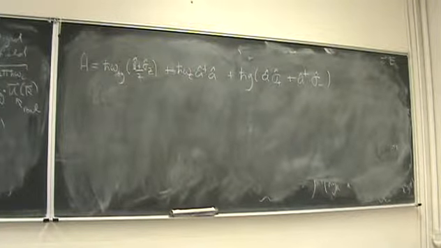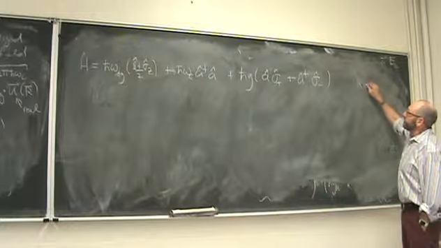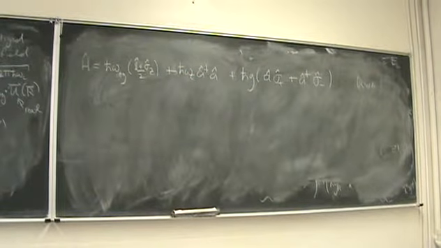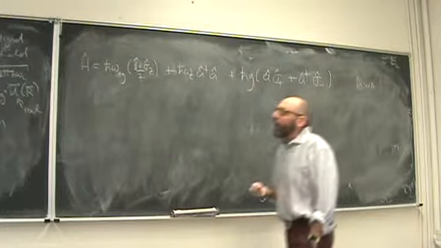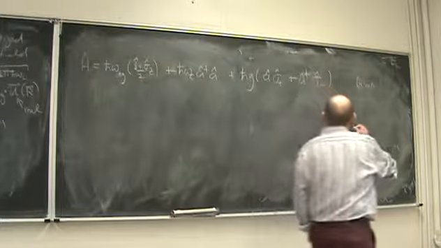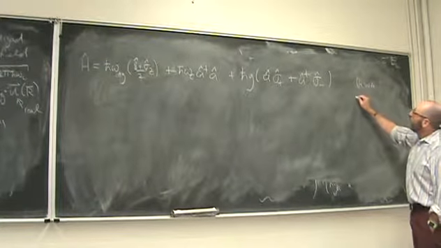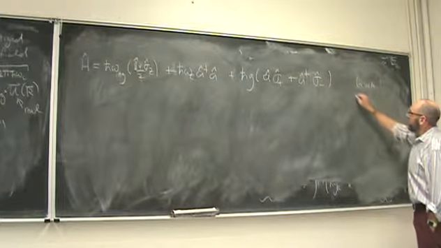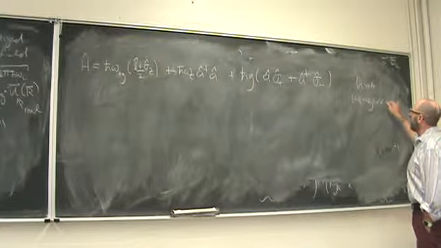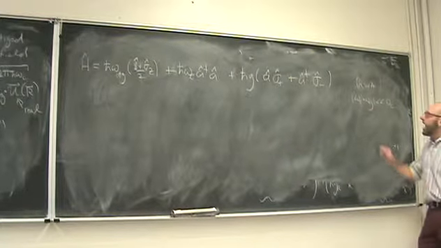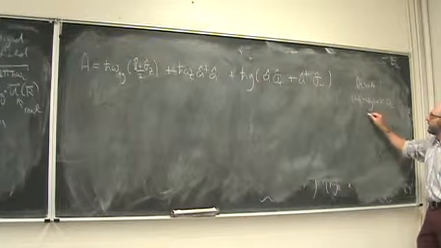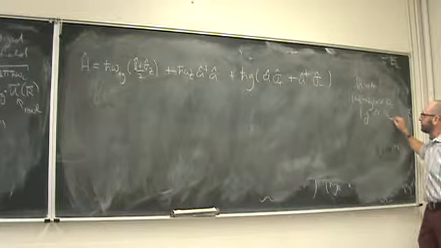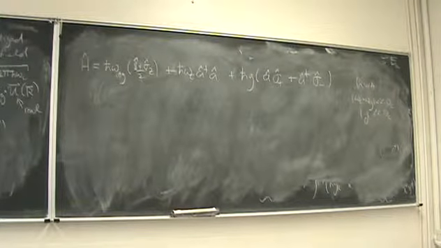So this is in the rotating wave approximation, which was valid when the difference between the cavity frequency and the atomic frequency is tiny compared to the cavity frequency, and also that g is much, much smaller than that.